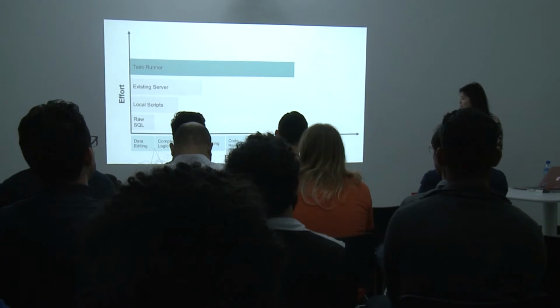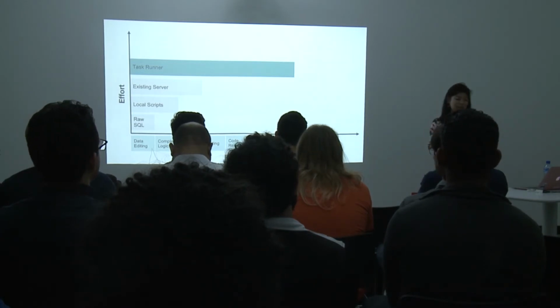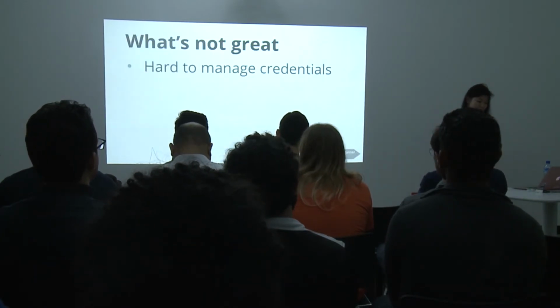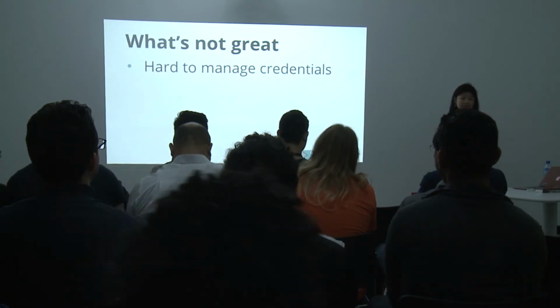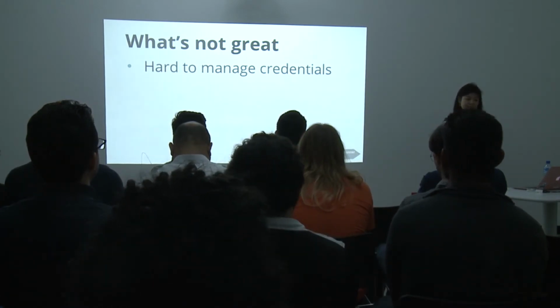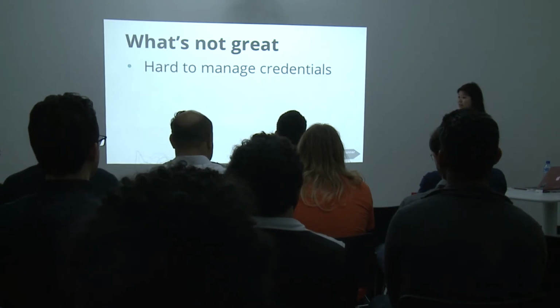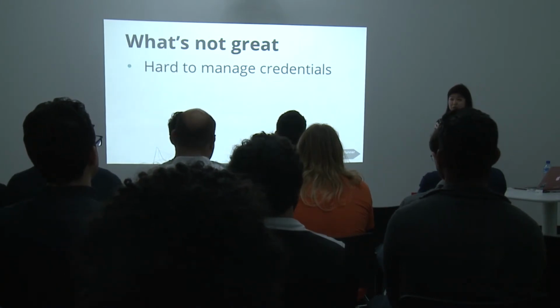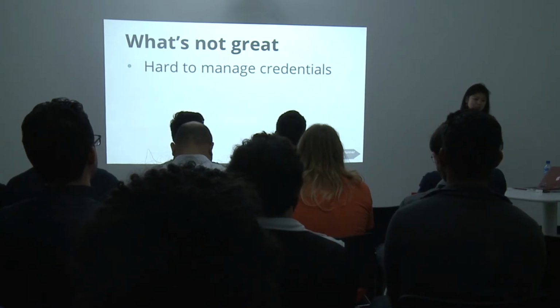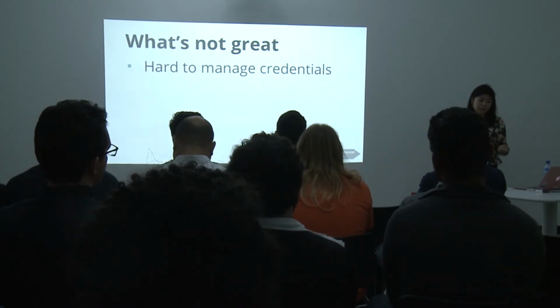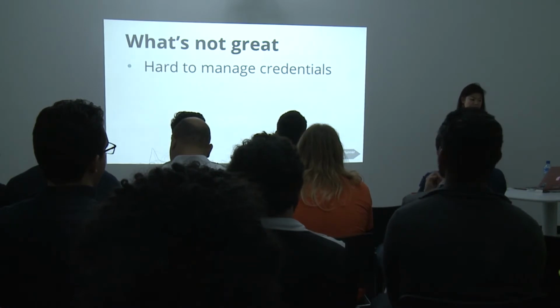There are some reasons, though, that this task runner isn't getting us all the way. The first is that, as you saw in the user interface, having to input command line arguments every single time you want to run a script can get pretty tedious. And for us, that was actually the biggest driver for looking into better solutions, because managing credentials was really hard.